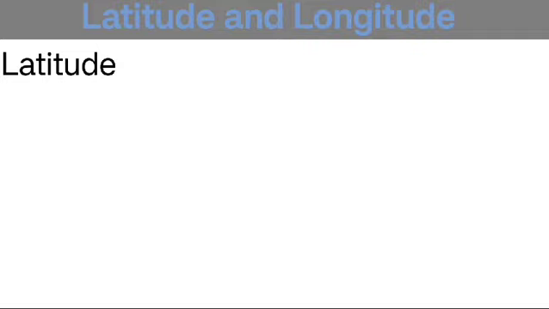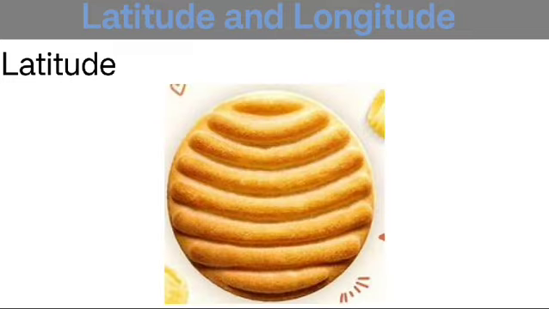Let's take one example of a biscuit. Look at this biscuit. This biscuit is also round in shape, just like our Earth. So now imagine this biscuit is our Earth, and this biscuit has lines like we drew on the circle, right?